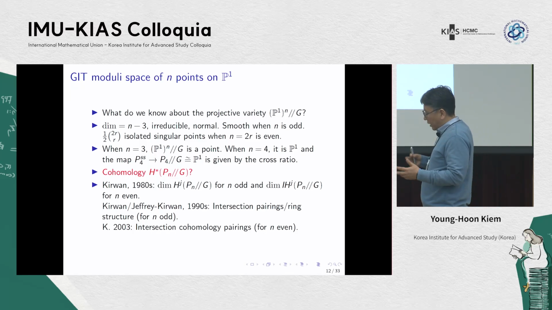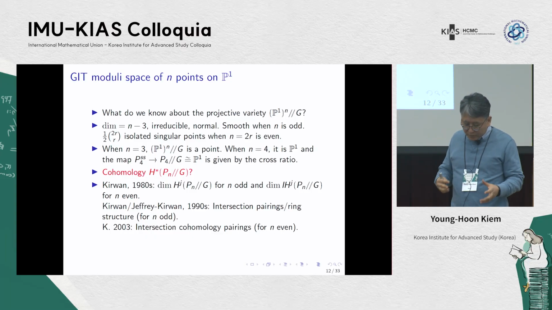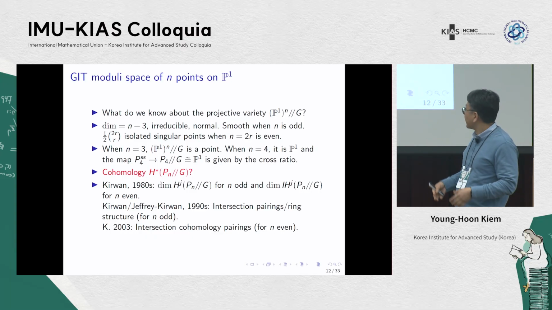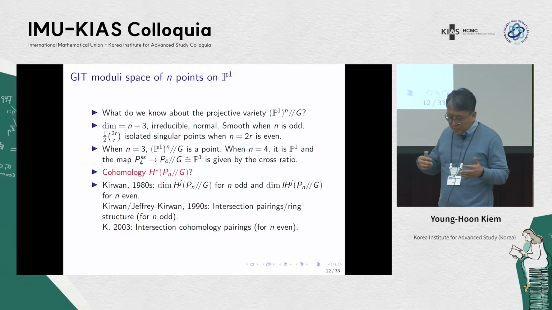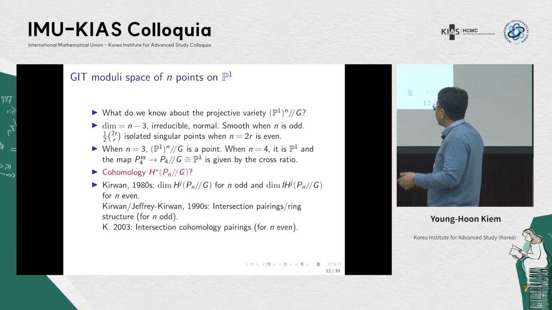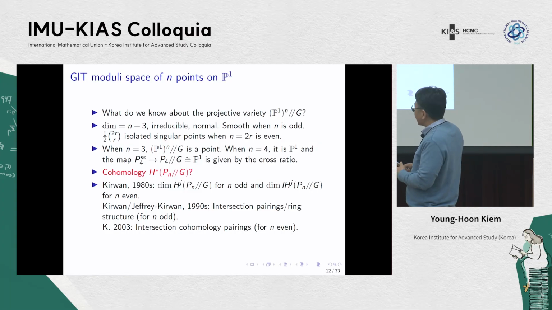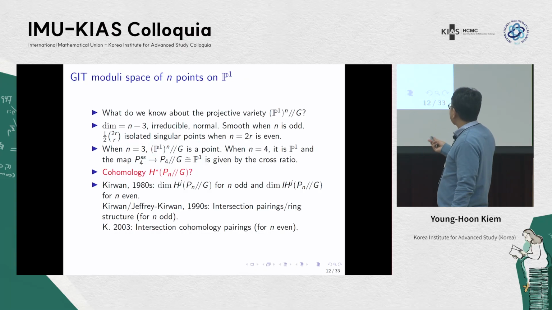Because when n is even, the space is singular, and for singular spaces, intersection theory usually does not work unless you are lucky. If you use intersection cohomology, you have a nice intersection theory, but the intersection pairing is not so easy to compute. And that's what's done.